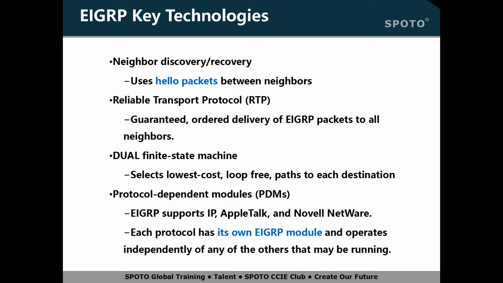And by the way, the DUAL finite state machine is extremely important because this is how EIGRP can ensure a 100% loop-free environment. And also the PDMs. Actually, for now, I'll just give you a full image of EIGRP and what we're going to learn in the next video series.